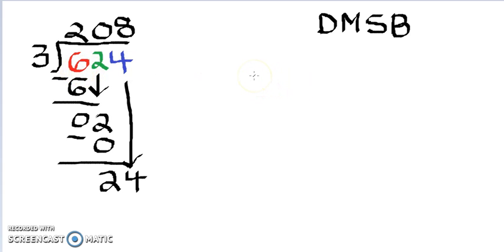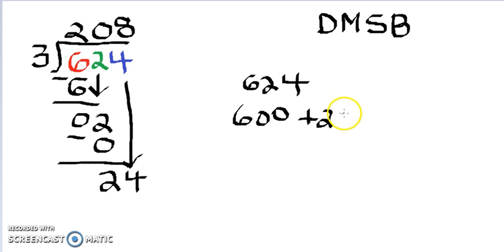So we could break it up into expanded form. 624 is really 600 plus 20 plus 4.